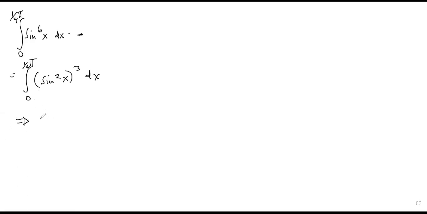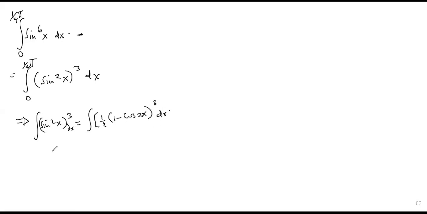So it is going to be the integral of sine squared x power 3 dx, of course, equal to the integral of a half, 1 minus cos 2x. Now for sine squared, it is 1 minus cos 2x, the angles we derived. Then, of course, to the power 3 dx.